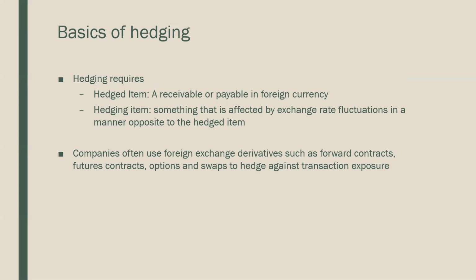And what happens is companies will often use foreign exchange derivatives such as forward contracts, futures, options, and swaps to hedge against their accounting or transaction exposure. In this particular course, we will focus on the use of forward contracts as the hedging item.